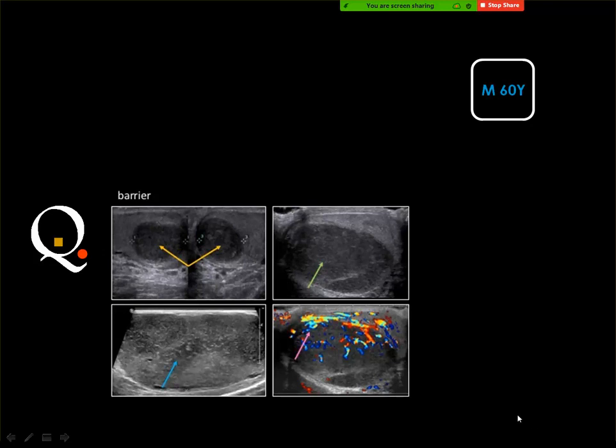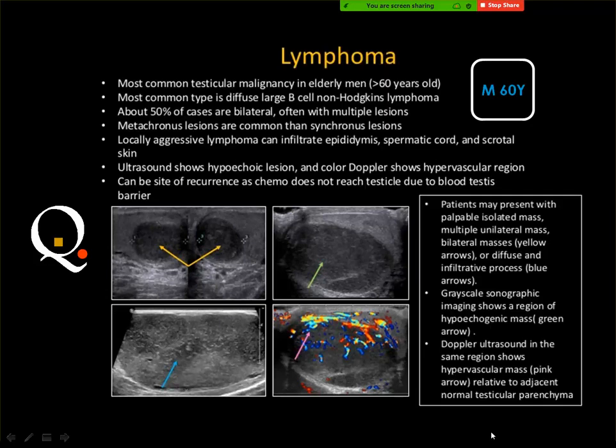Then what do you think? Consider the age, it is very important. This is bilateral testicular masses. Seminoma? Microlithiasis? Consider the age of the patient. Lymphoma. Yes, lymphoma. And you know that seminoma is a tumor of relatively young age, around 30 or 40 years of age.